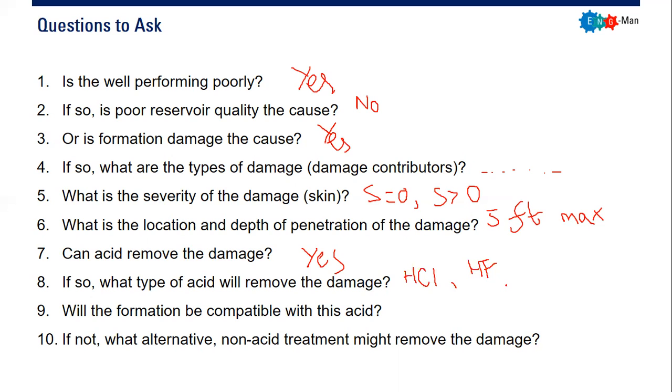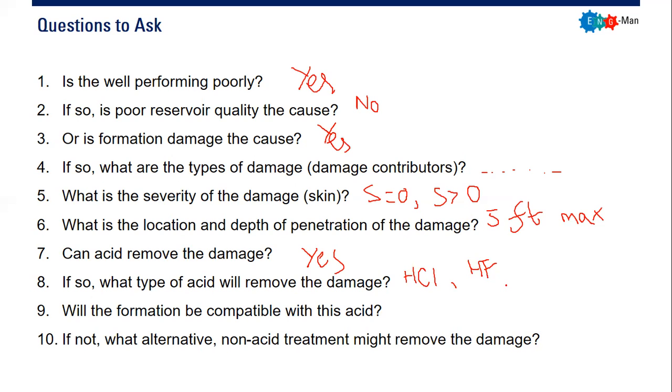But if you have a formation that is not compatible with the acid, but you know that acidizing your well is the only solution, then maybe you can still acidize your well, and then you perform overflush to move the resulting products of the reaction deep into your reservoirs and not cause severe pressure drop nearby your well.